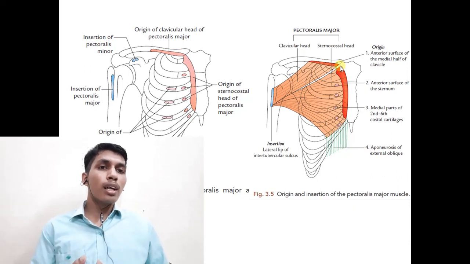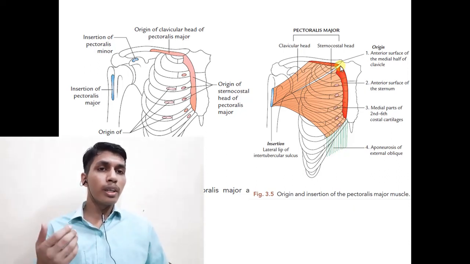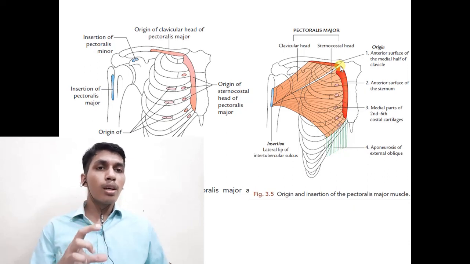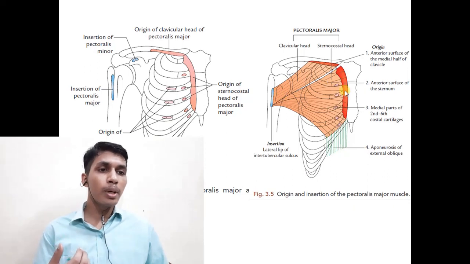Then the sternum. In the previous video I already told that the sternum is divided into 3 parts: the manubrium, the body of the sternum, and the lowermost or inferiormost part of the sternum, that is the xiphoid process. From the anterior of the manubrium there arises the manubrial fiber.